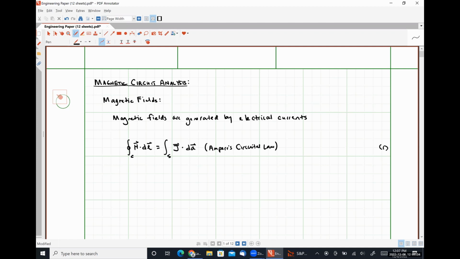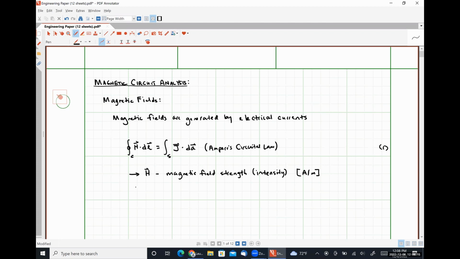I'm going to talk you through the calculus and all of that kind of stuff. We're not actually going to use this form pretty much ever. In this particular equation, H is the magnetic field strength or intensity vector, meaning the direction is important, and it has units of amps per meter.